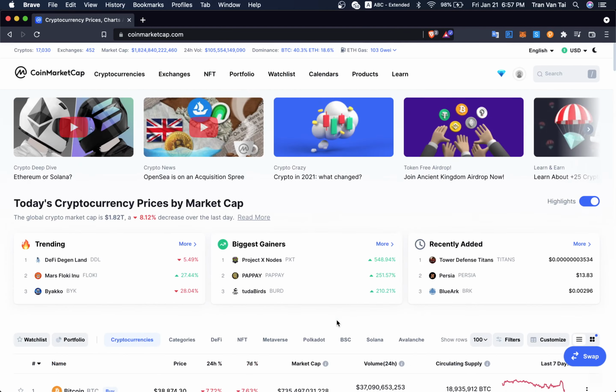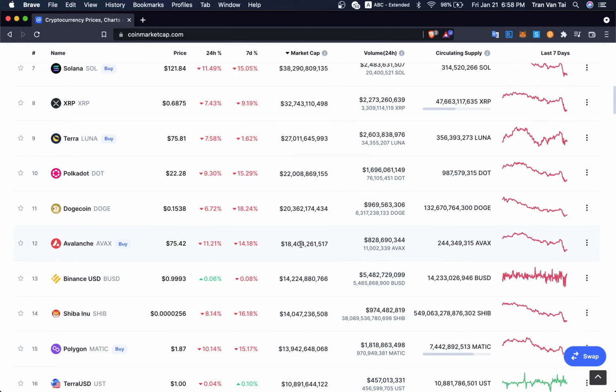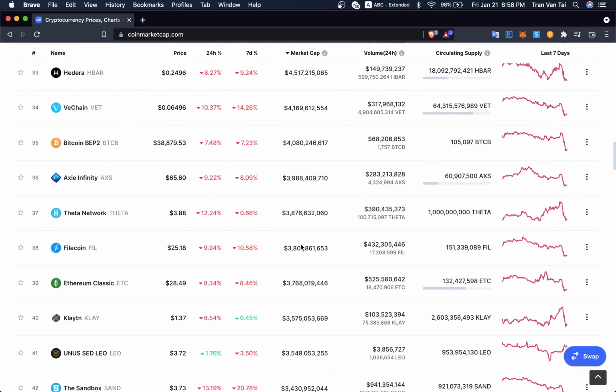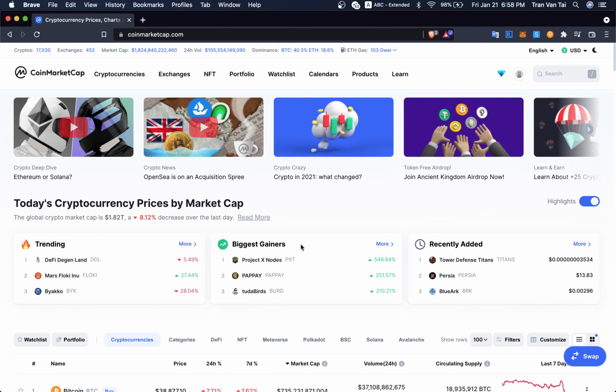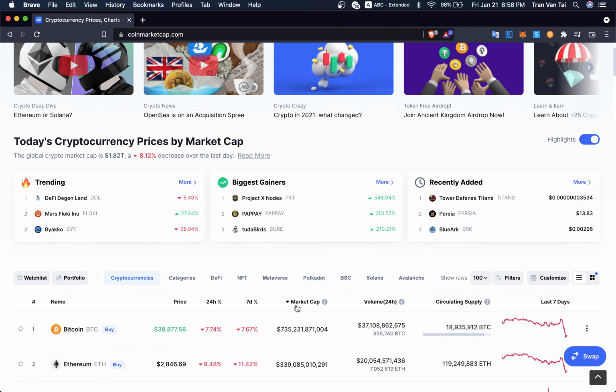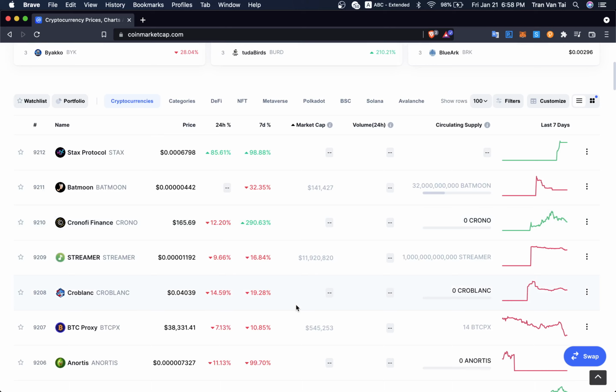The interesting thing I can view here is that I can order by market cap. You can see I order by market cap here, and so can see which token has the highest market cap, or which token has the lowest market cap in the crypto market currently.